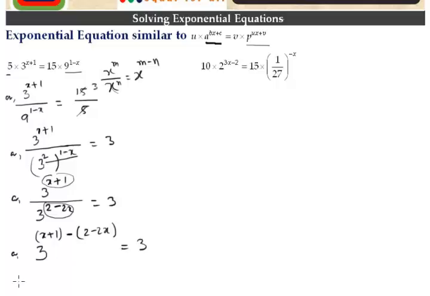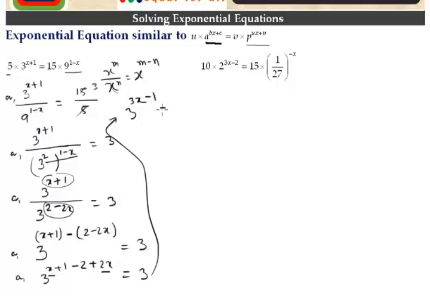Now if we simplify a little bit, 3 to the power x plus 1 minus 2 plus 2x equals 3. Here x plus 2x is 3x, and 1 minus 2 is minus 1, equals 3, and 3 means 3 to the power 1.